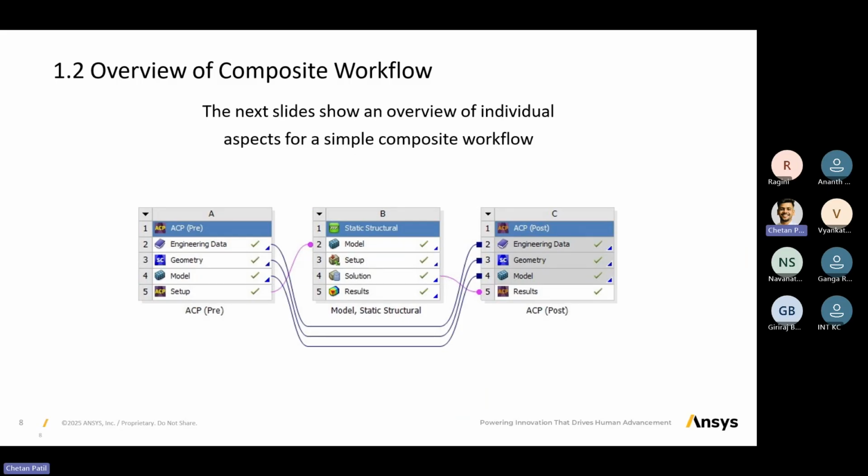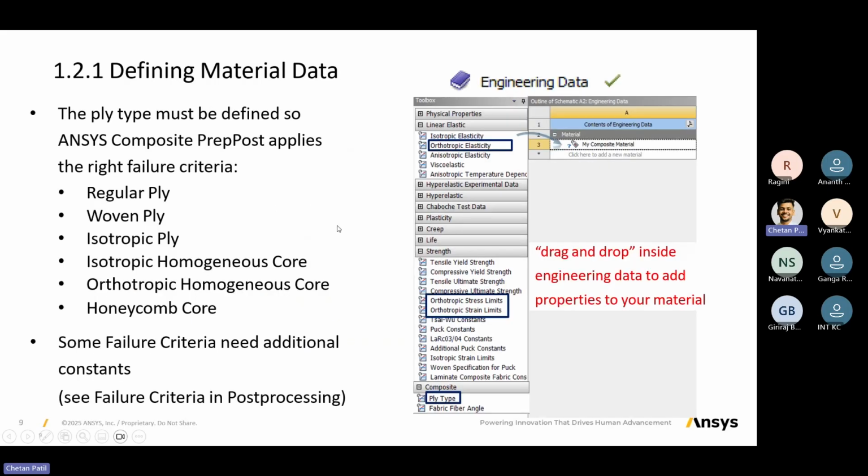So the composite workflow, as we already discussed: we are going to use the ACP pre module at the initial stage to create the composite on whatever geometry we might have. Later on, whatever composite we have created, we are going to make use of it for the structural simulation. Whatever structural simulation we want to perform, we can make use of that analysis system on the ACP setup.